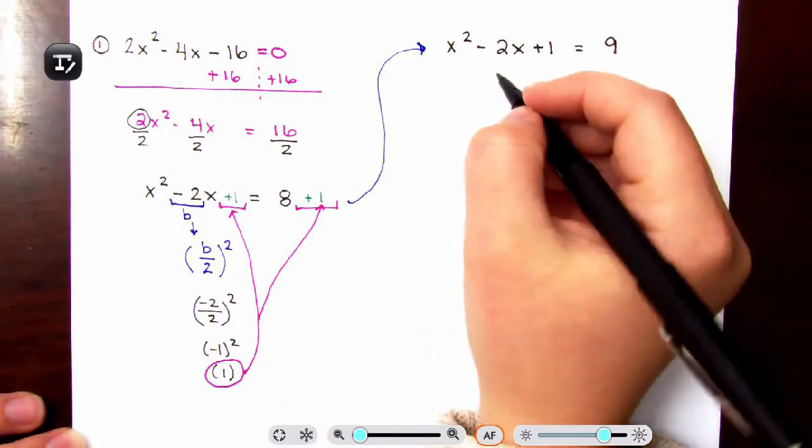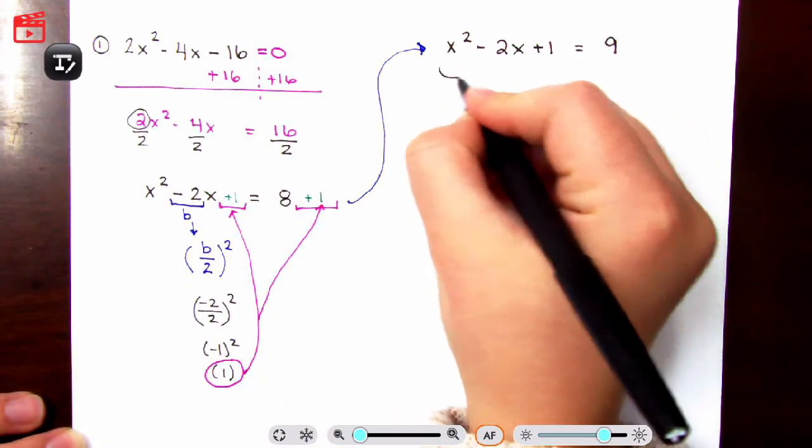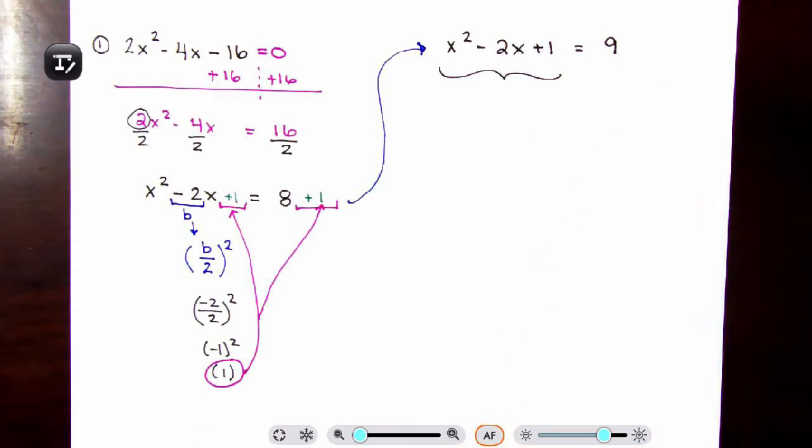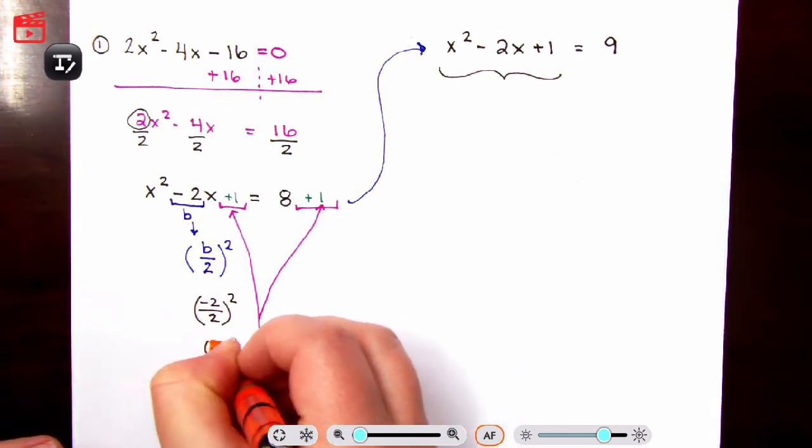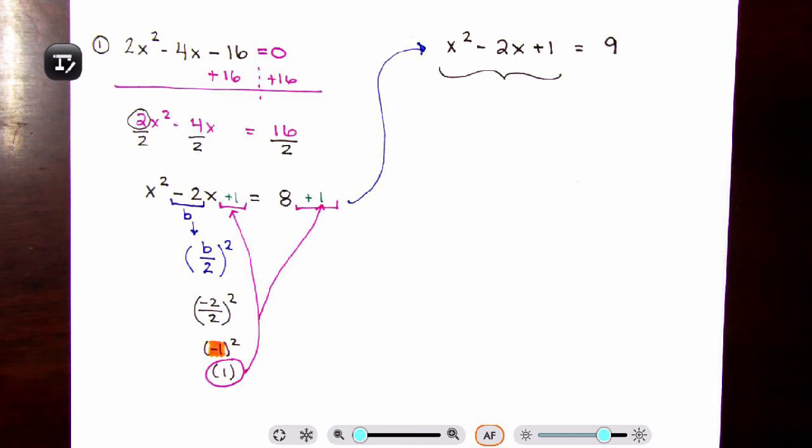Now it's asking us to factor the trinomial. I want to point something out, you guys, that the value here, when you are dividing b by 2, this one here, not before the division, but after the division, this value, that's a cheater way.